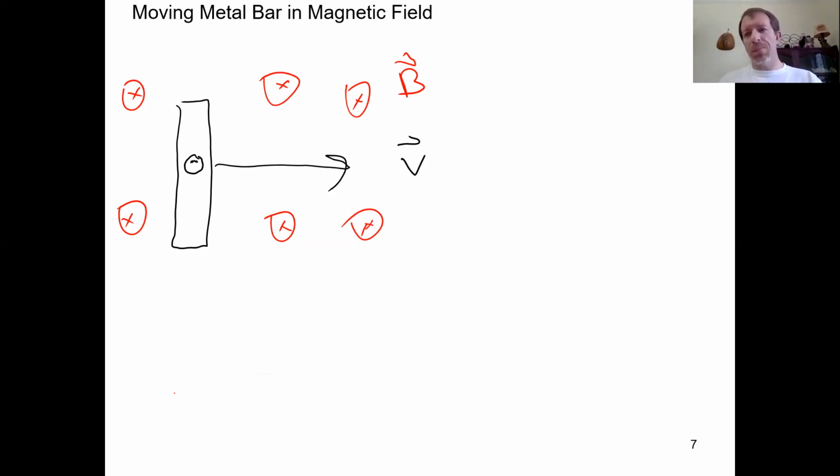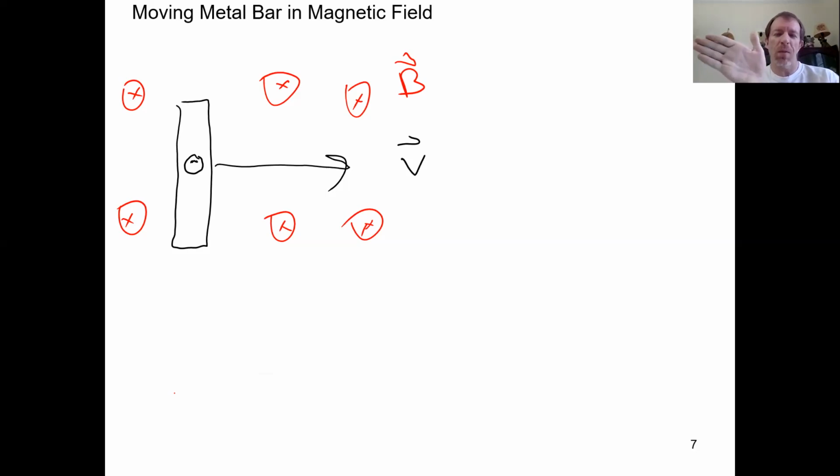Well, I'm going to, again, do this with the right-hand rule. My fingers point in the direction the charge is moving. The palm of my hand is pointed away from me, which is the direction of the magnetic field, basically into the screen.